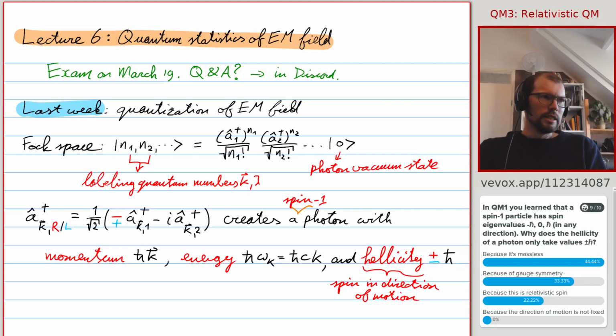Okay, let's see. Yes, so we seem to be converging on the first 2 answers. I agree. The first 2 answers are both correct and closely related to each other. The last answer, I wouldn't say this is really to the point.